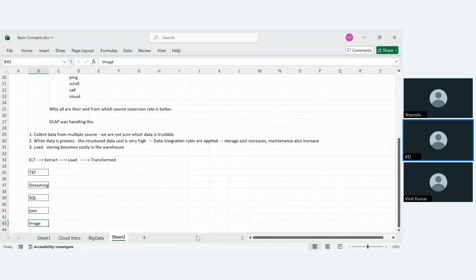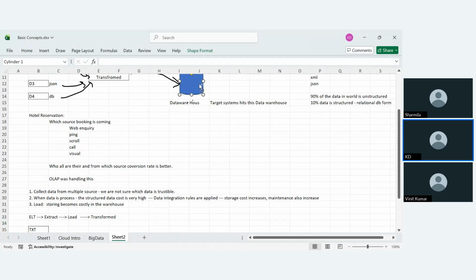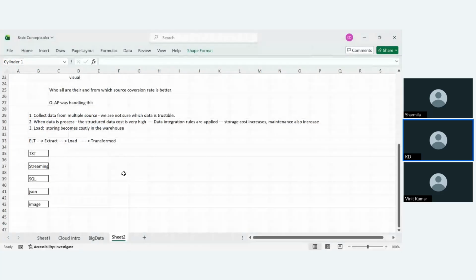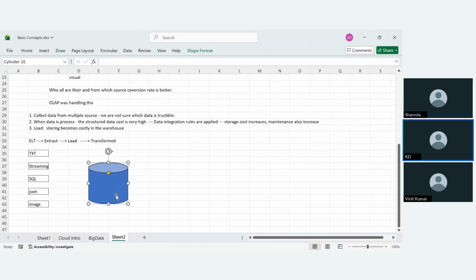Now, any data you have, first of all, we load this entire data into a place. This place is basically known as the middle loading point.